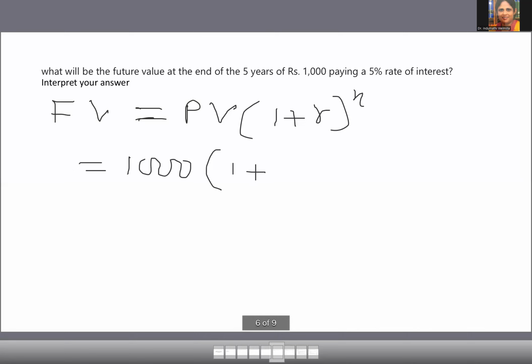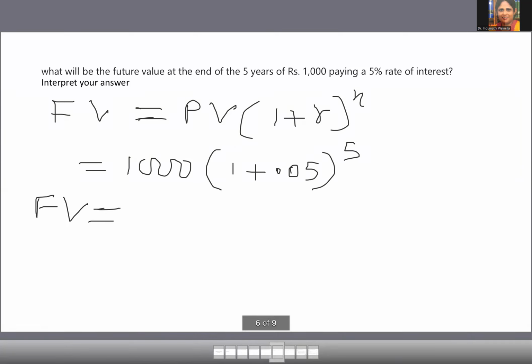What is the interest rate? 0.05, and the number of years is 5. So then you can take the value in here when simplifying. Okay, so this is the future value.